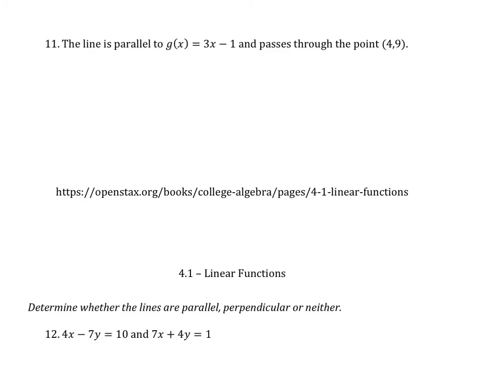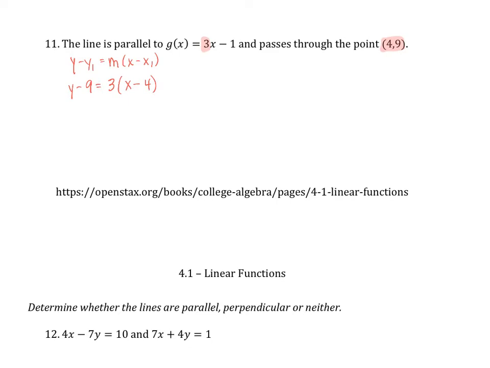So all we're going to do is use this slope and this point and put it in the point slope form, and we'll have our equation. So y minus y1 is equal to m times x minus x1. So y minus 9 is equal to m, which is 3, times x minus 4. So here the key is really just knowing that parallel lines have the same slope, and you need to pick the slope out of that equation.